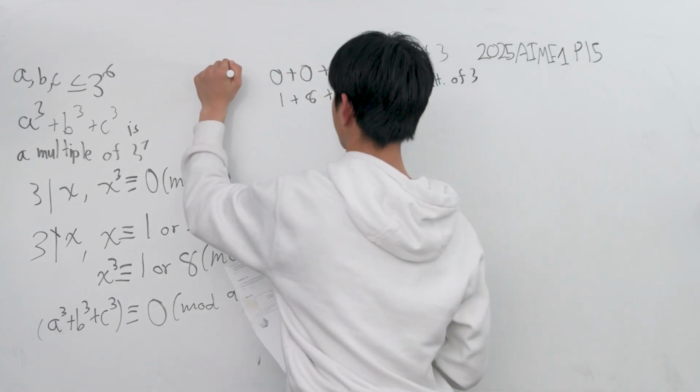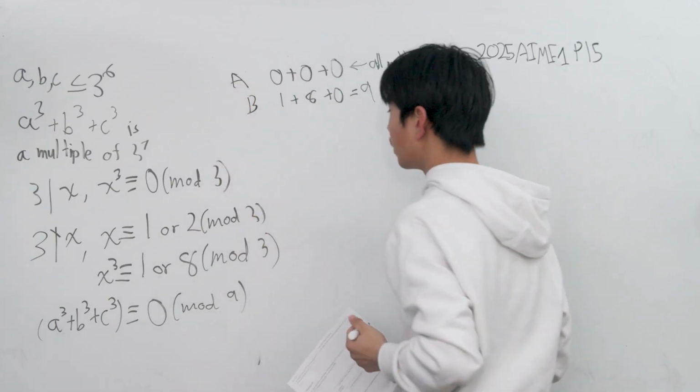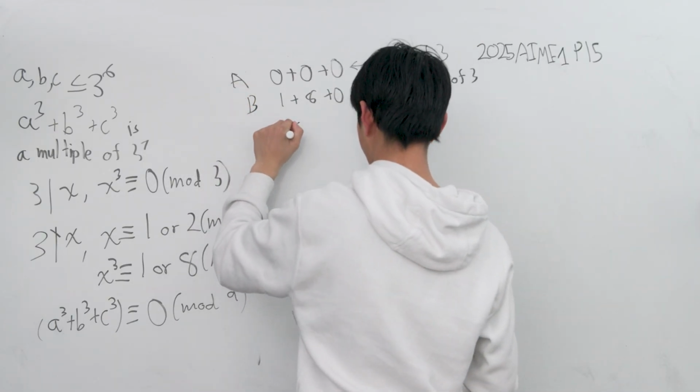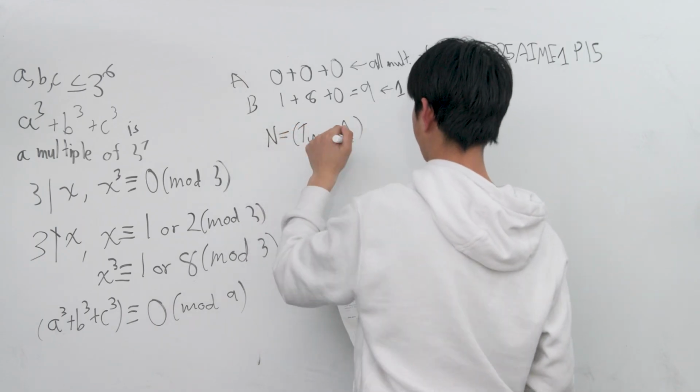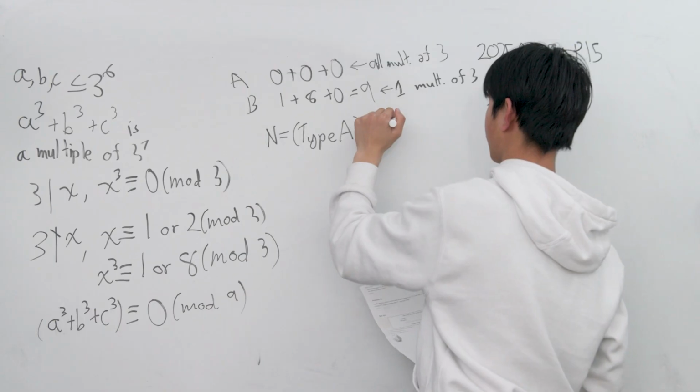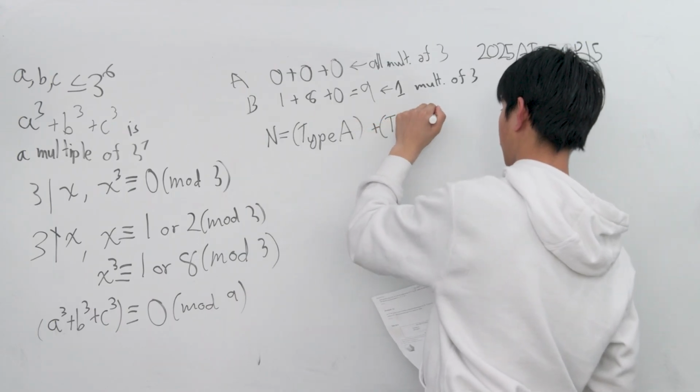Now N is simply the number of triples that satisfy type A, plus the number of triples in type B.